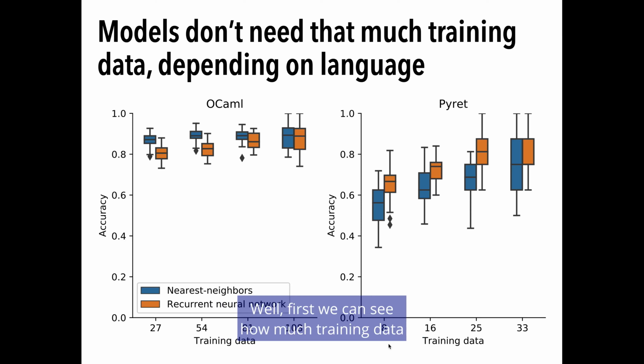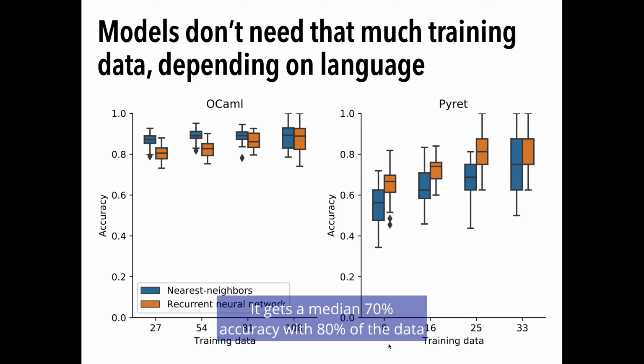Well, first, we can see how much training data is needed to be accurate. So in OCaml, in the left graph, both methods were between 80 to 90% accurate with only 27 data points at the left. And that's only 20% of the data, and the variance is pretty small, so that's decent generalization without much data. But in the smaller Pirate dataset, with 42 programs, nearest neighbors does much worse by comparison.